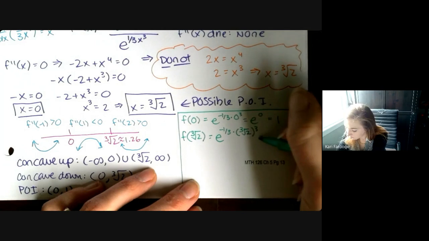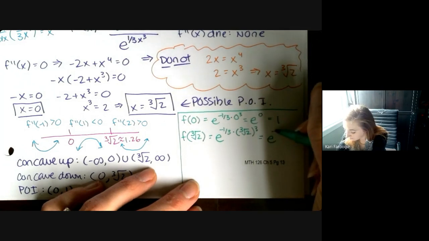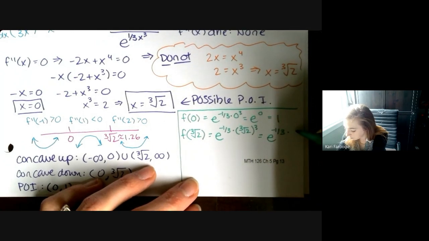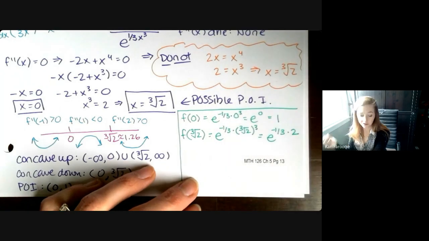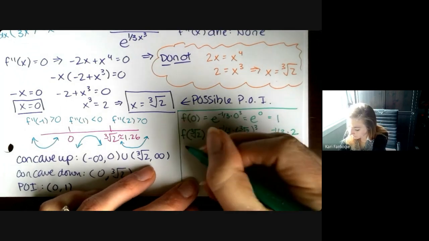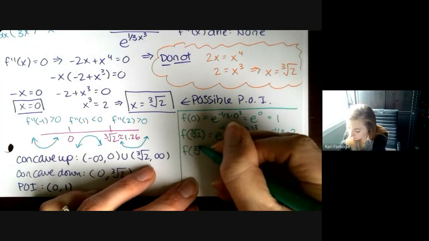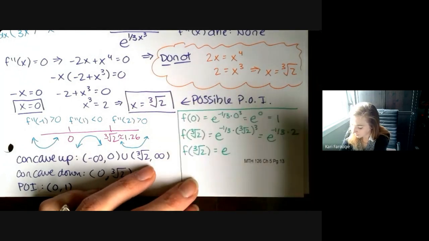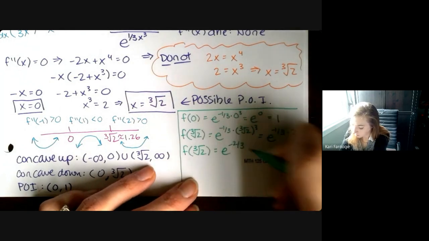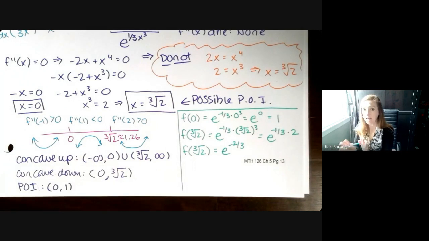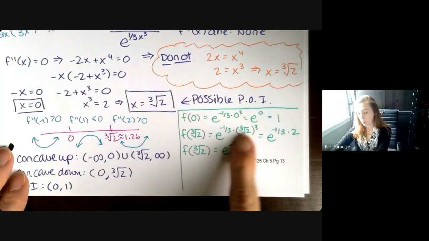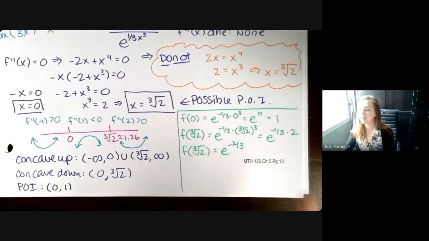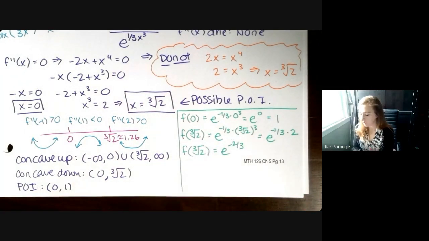So this will just be e to the negative 1/3 times 2. So the cube undoes the cube root. So that means that f of the cube root of 2 is just e to the negative 2/3. I know that you were panicking and you were like, nope, nope, this looks bad. I want to do it. You must. It will simplify nicely most of the time for you here.